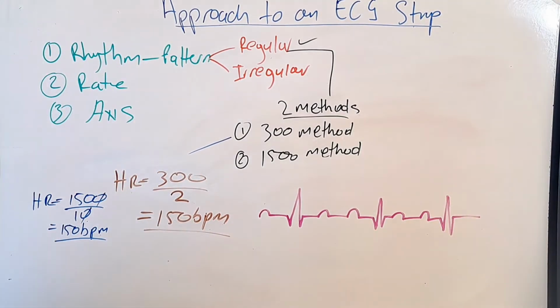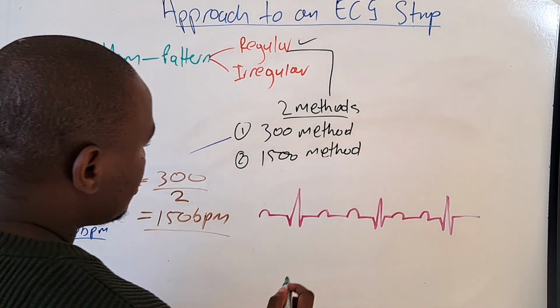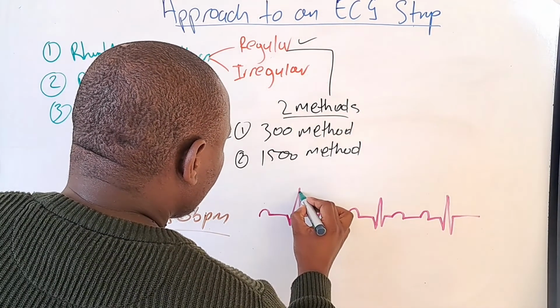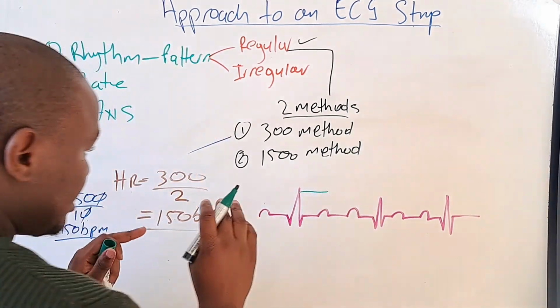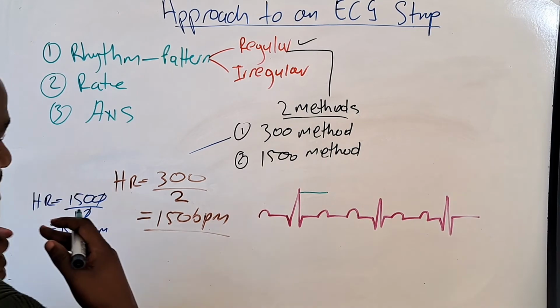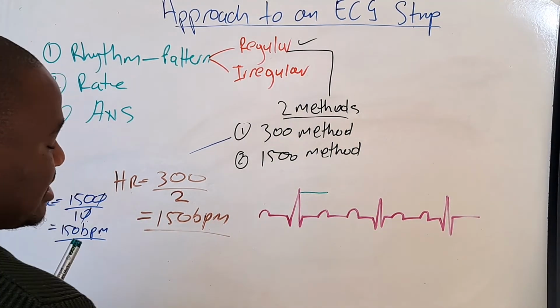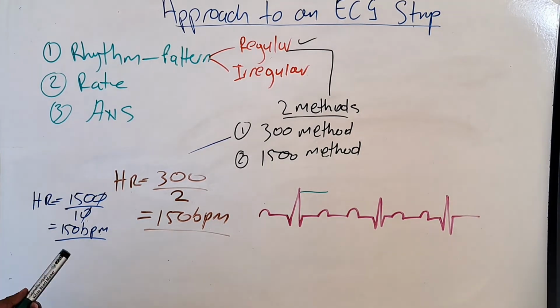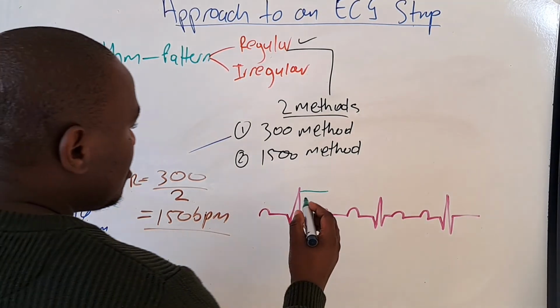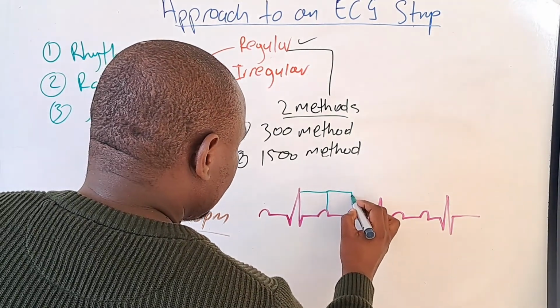Okay, now what often happens is that, let's say now I got a strip and I did my quick assessment to see the pattern using my paper method. So now let's say here I get 2 big boxes.